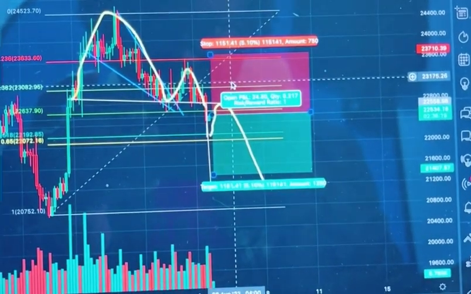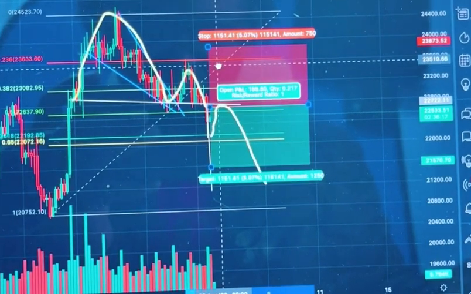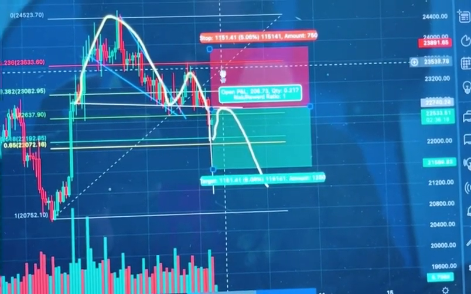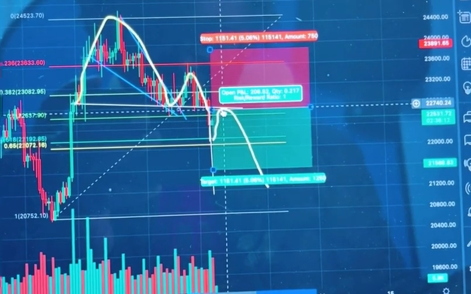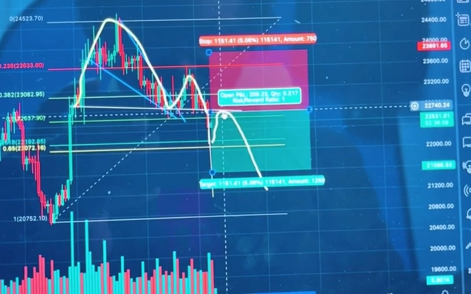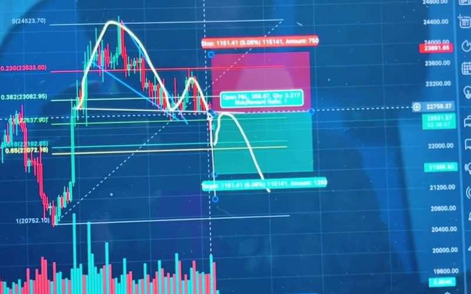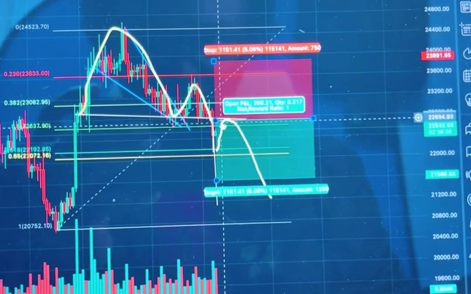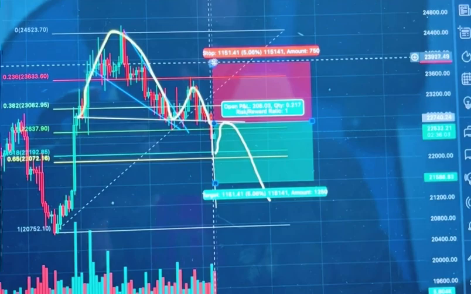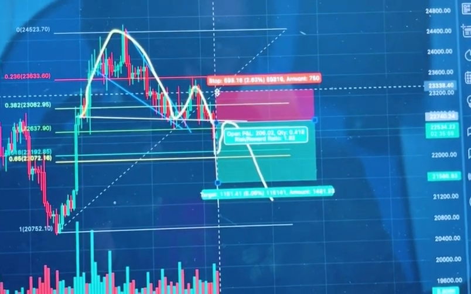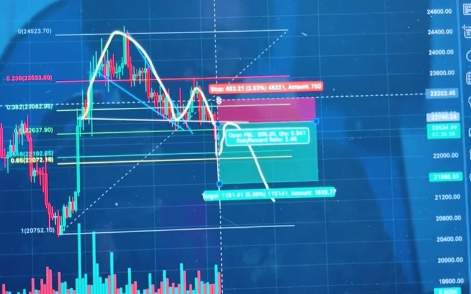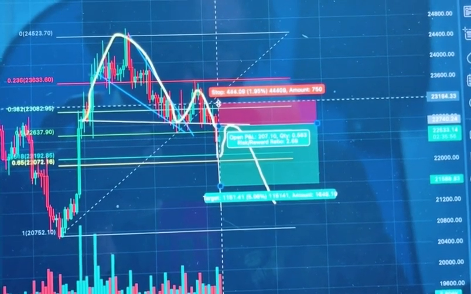So if I'm to take a short right here, I would put it up here. That is if it goes up directly from here and comes up to the resistance right here, which was the support right here. I would put it here. Then since I am betting more on the price going down, I will put this stop loss up here.